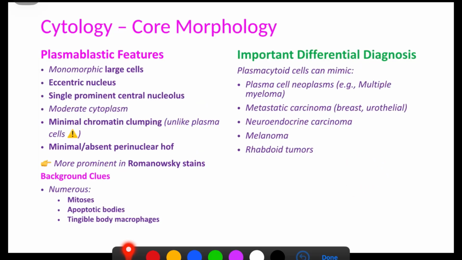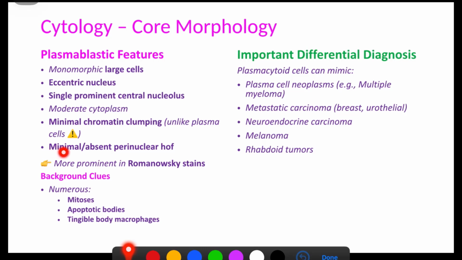So for core morphology, we have to appreciate plasmablastic features. First of all, a monomorphic large cell pattern, eccentric nucleus, single prominent central nucleolus, moderate cytoplasm, and minimal chromatin clumping, while plasma cells show chromatin clumping.